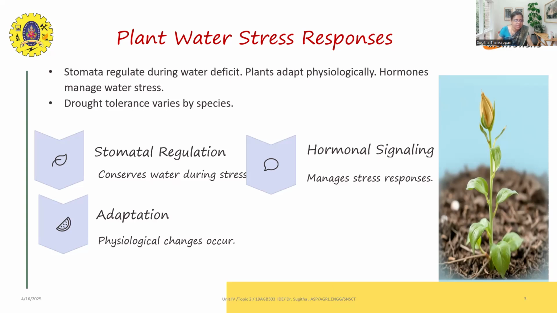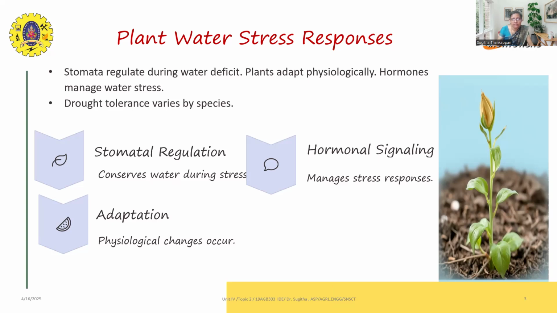Hormonal signaling is yet another physiological phenomenon, which happens through abscisic acid and ethylene. These hormones act as signaling molecules, and they can modulate and activate certain gene cascades so that the plant is able to respond to the water stress and survive.